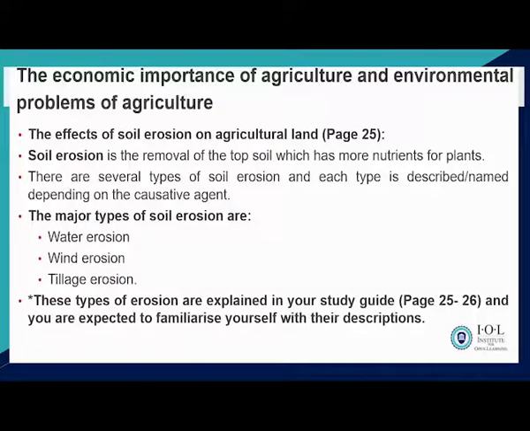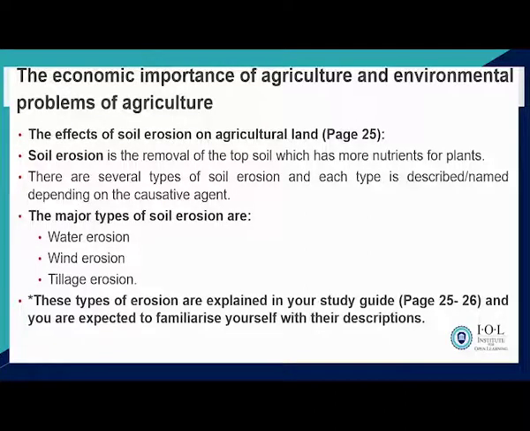So going on with the economic importance of agriculture as well as some of the environmental problems that we encounter, there is also the issue of soil erosion on agricultural land. Soil erosion is defined as the removal of the topsoil, which has more nutrients for plants. There are several types of soil erosion, and each type is named depending on the causative agent.